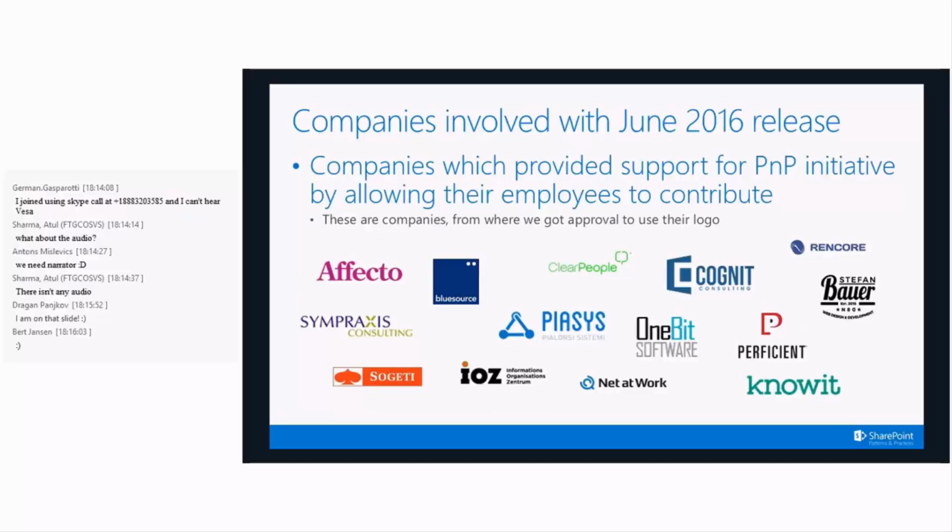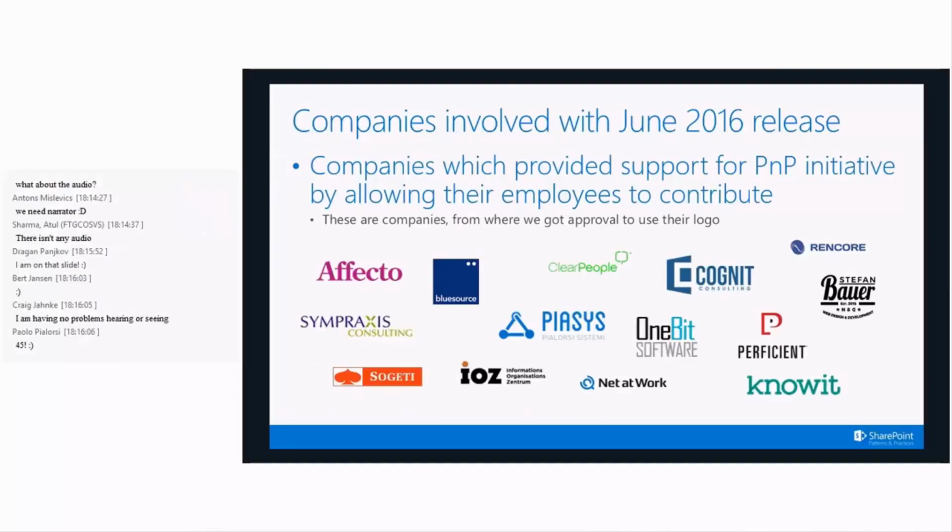One of the things that we started in May is that we started also showing the images of the companies who've given their employees permission to spend some of their time in the PnP initiative. And these are the companies who we got an approval to show their logo as well.